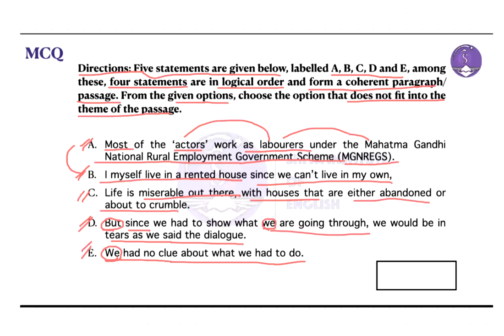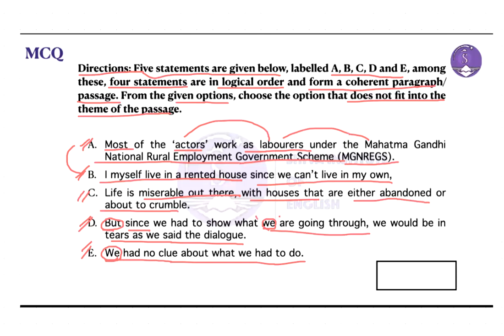So whoever is referred to as we here is also referred to as we in option D, isn't it? And what kind of problem they are going through is given in C, that is, life is miserable for them. How is their life miserable? Because their living condition is given in option B.